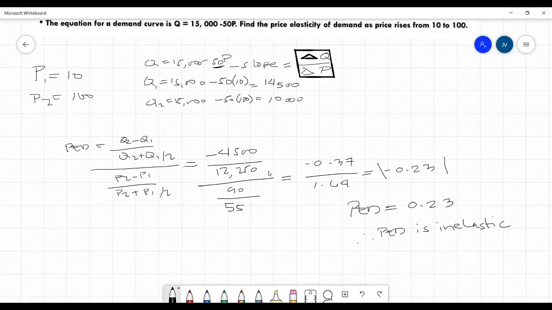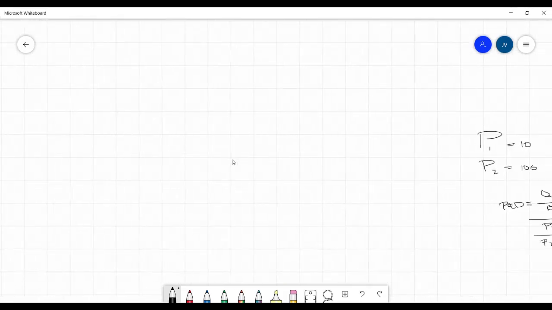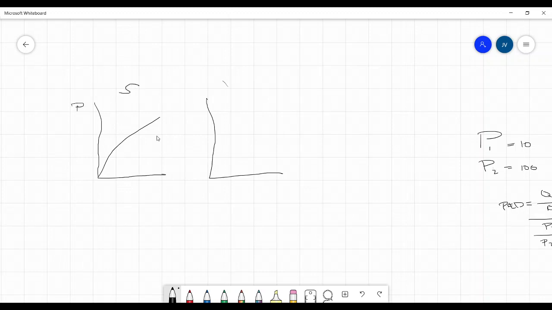So let's say, ito na siyang i-graph. So ang normal supply curve is upward sloping. So this is our supply, P, Q. So if your PES is something like that, horizontal, this is perfectly elastic.